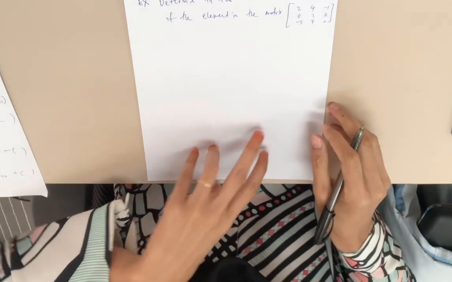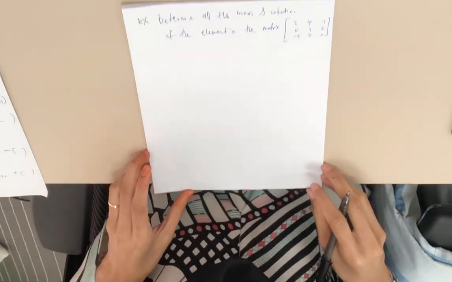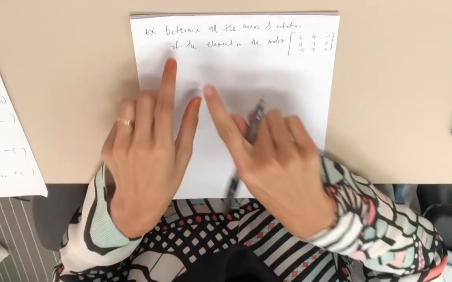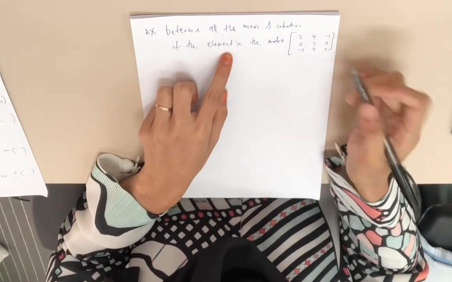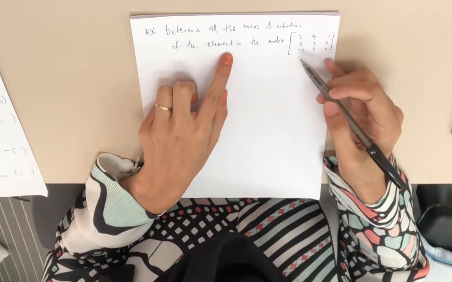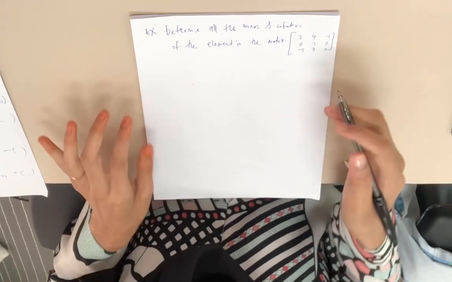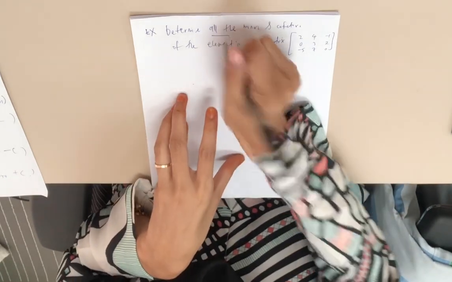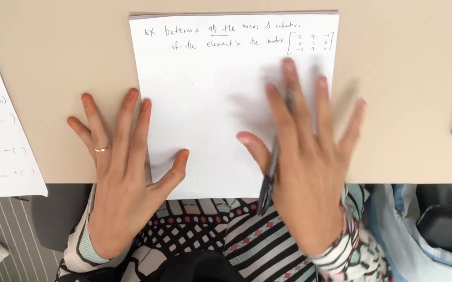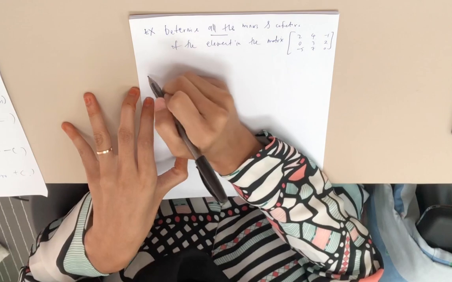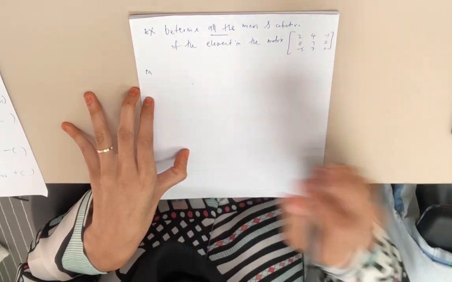Okay, so you need to calculate. Oh, sorry, you can't see. Okay, sorry. Determine all the minors and cofactors of the elements in the matrix 2, 4, negative 1, 0, 3, 2, negative 5, 7, 0. So the keyword here is all. All means that you need to calculate all the elements here. There are 9. So we start first with row 1, column 1.